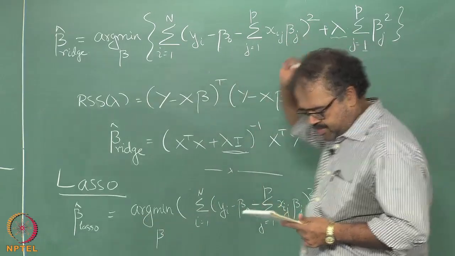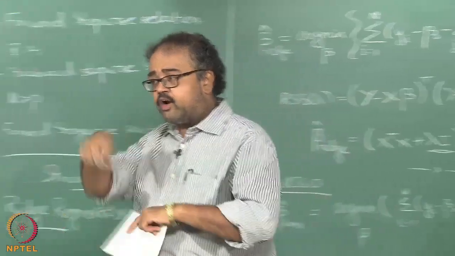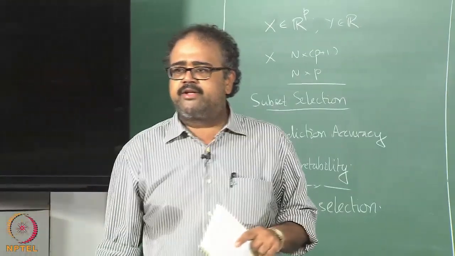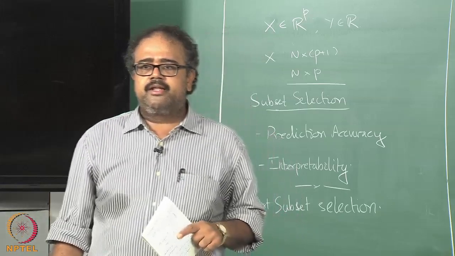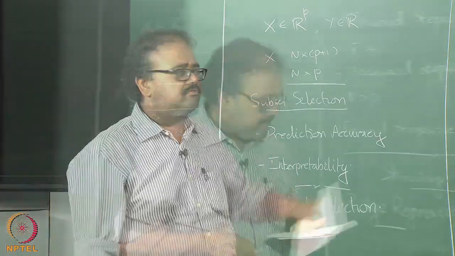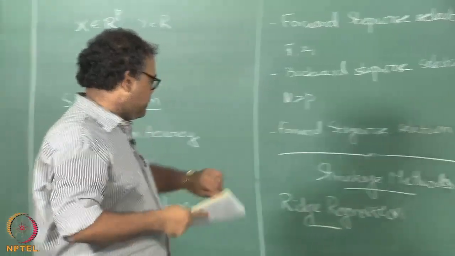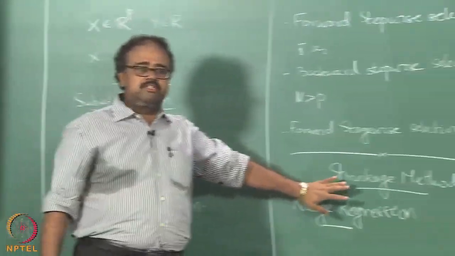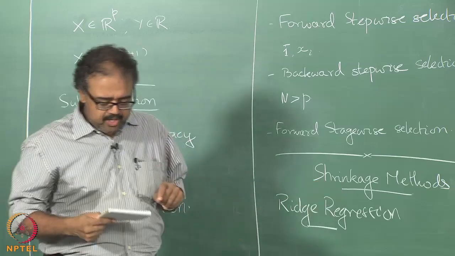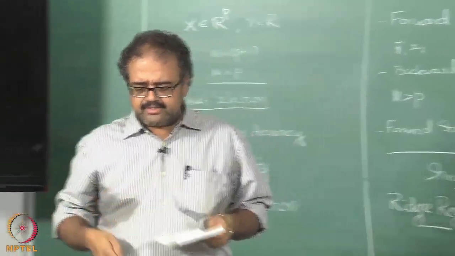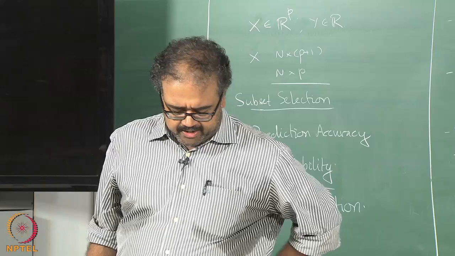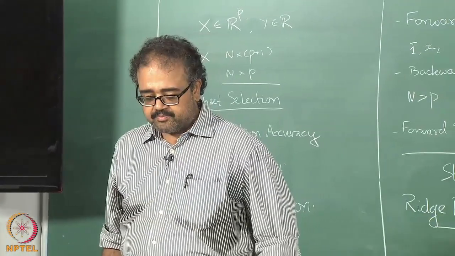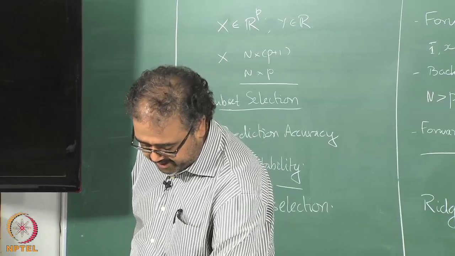In fact, you can think of having higher order penalties also. Like I said, you can think of an L4 norm penalty. So far we looked at two methods for variance reduction. One was subset selection. The other one was shrinkage based methods. Now there is a third class of methods which people use for getting better fits with possibly fewer variables or fewer parameters.